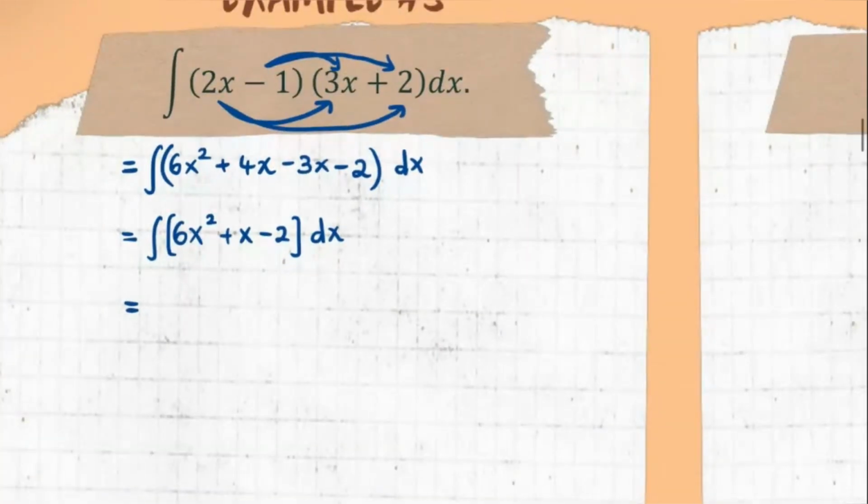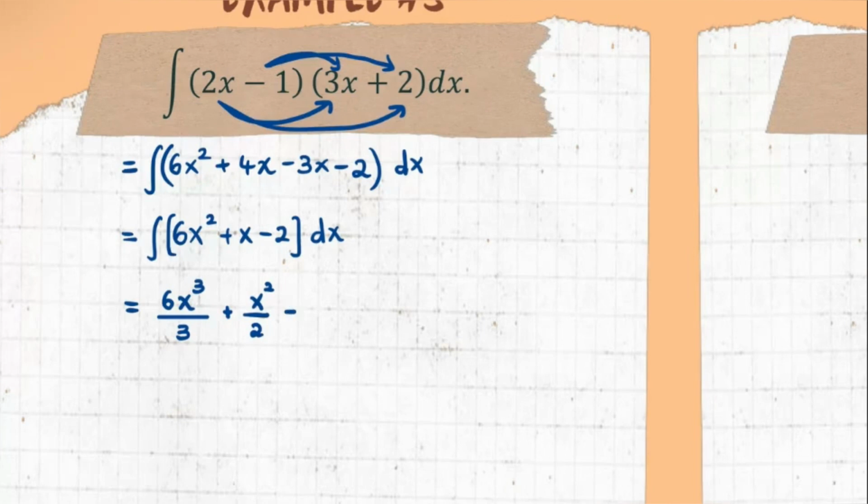So tadi 6x squared bila integrate dapat 6x cube. Power tambah 1 bahagi dengan differentiate 3 tersebut. Okay, so kita repeat balik. Kalau integrate x, x1, 1 plus 1 will be 2 over 2. Kenapa dia keluar macam ni? Over 2. Minus.